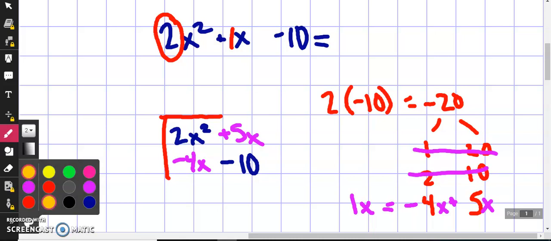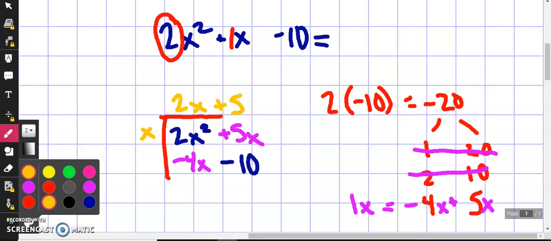And so from here, we're just going to factor like we did last time. So on my top row, I see an x in both terms. If I have an x on the side, I need a 2x on top to make 2x squared. If I have an x on the outside and a 5x on the inside, I'm just missing the 5.